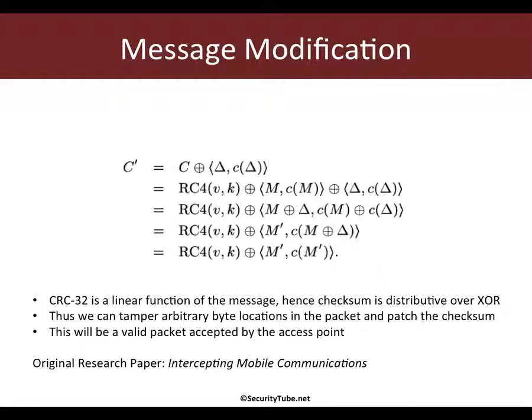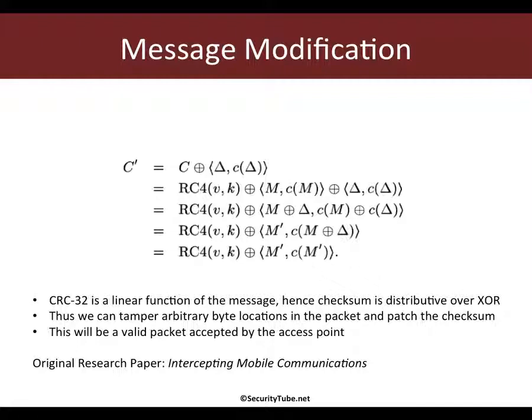So basically what the paper concludes with all of the mathematics is that even if you have an encrypted packet, an attacker can create a bit mask and a checksum for that bit mask using the CRC32 algorithm, and can very simply do an XOR of the encrypted packet and this bit mask along with the ICV, the CRC32 checksum of the bit mask.